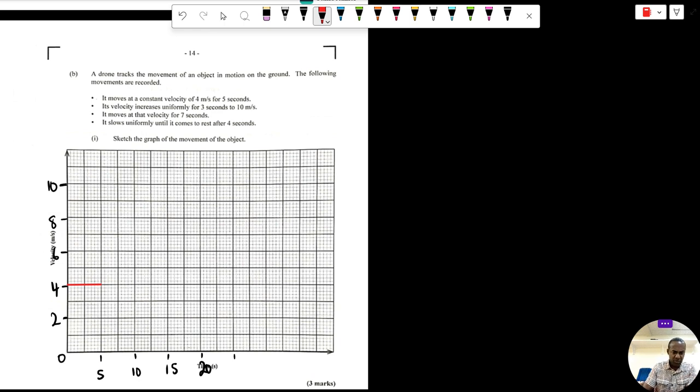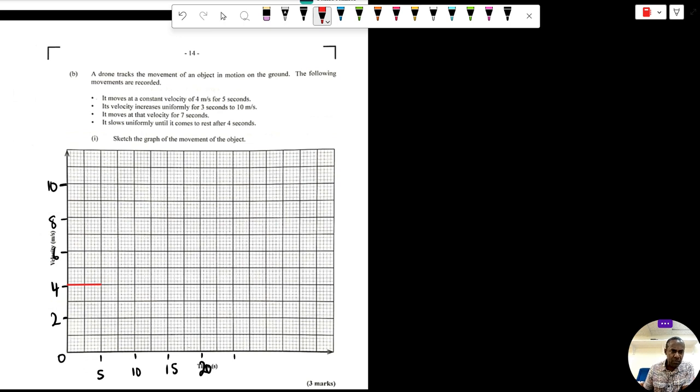In retrospect, this is probably not the best scale that we could have chosen, but let's work with it. At the end, we could probably choose a slightly different scale so that the graph actually takes up as much of the graph paper as possible. All right. So let's finish off the question with this particular scale, right?